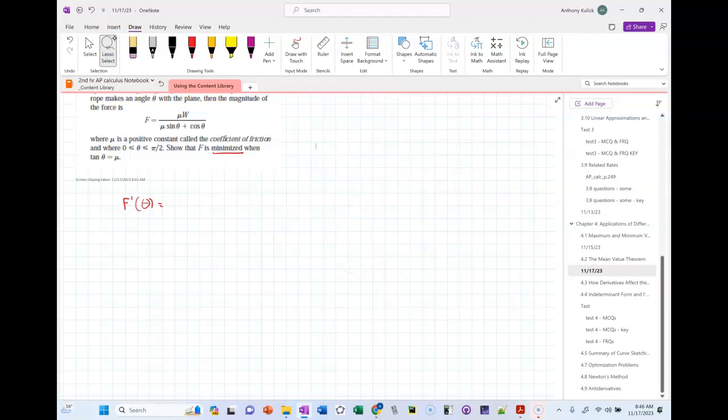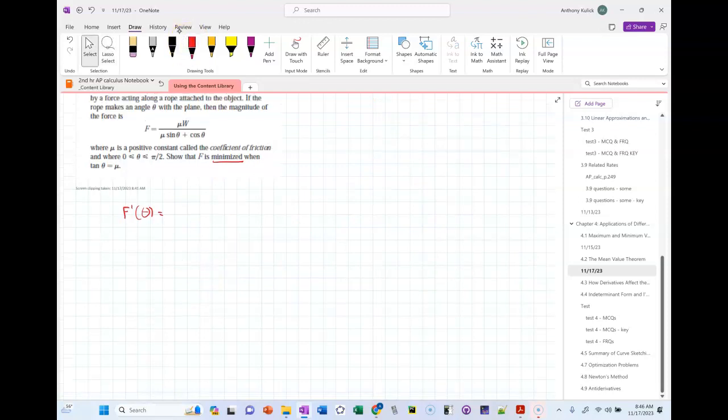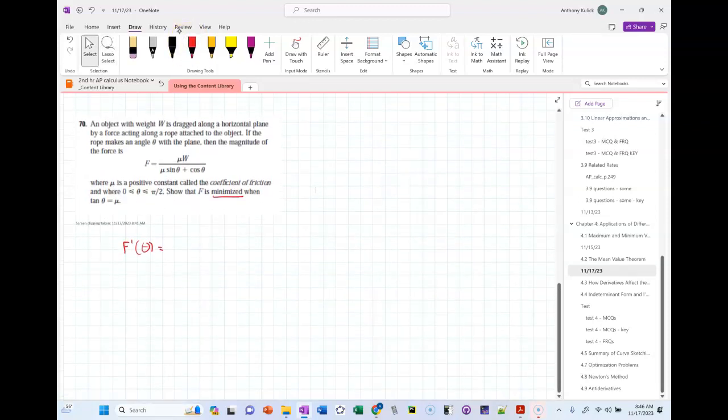I mean, there's probably going to be some minor updates if you want to just hang on to it. So when I do this, I'm doing my derivative with respect to theta, which is why I end up with a bunch of stuff I don't want. Keep in mind, W is the weight that's being dragged. Is that changing? It's a constant. And mu is a constant as well. So that's where we goofed up.